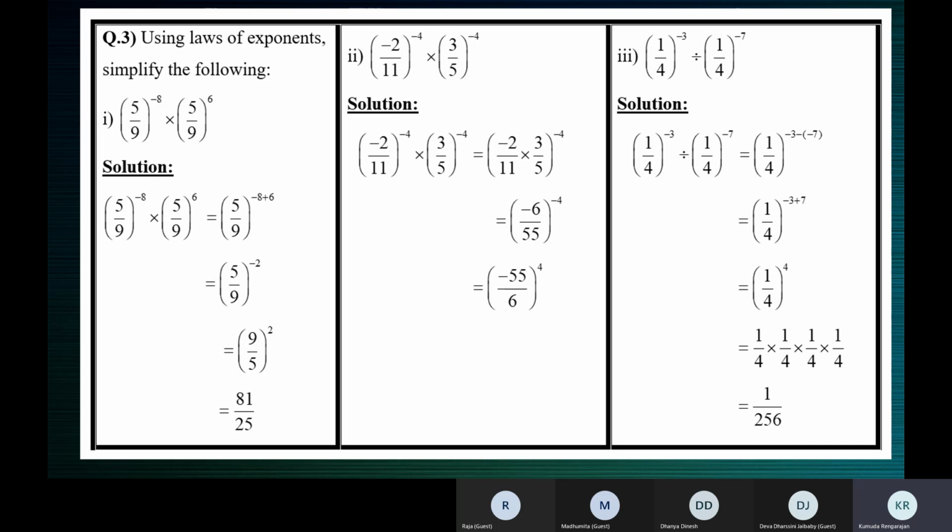When I say 2 to the power 5, the base 2 has to be multiplied with itself 5 times. Correct or no? Yes, ma'am. So basically the power tells us the number of times the base is multiplied with itself.